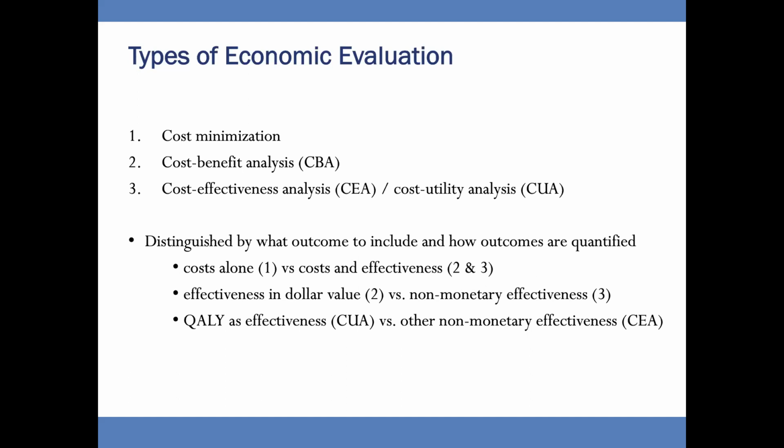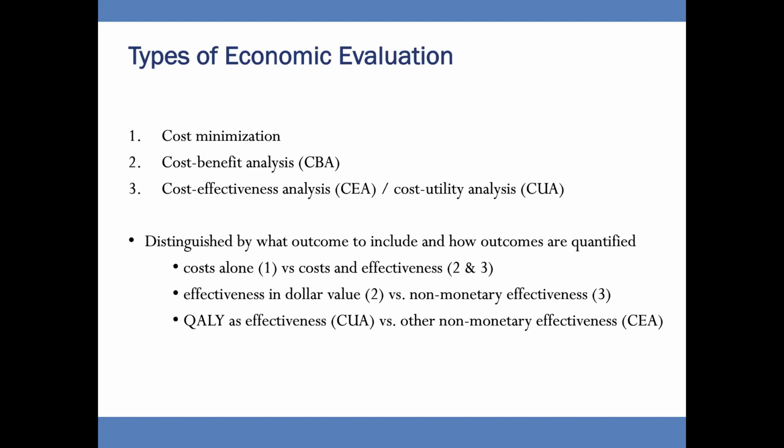All right. Now, in category 3, we need to distinguish between cost effectiveness analysis versus cost utility analysis. The difference is that for cost utility analysis, effectiveness will be measured by quality adjusted life year.